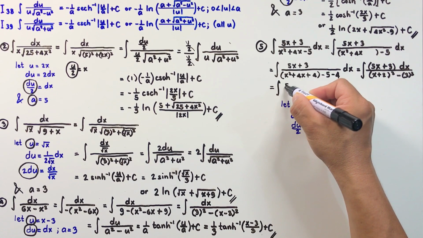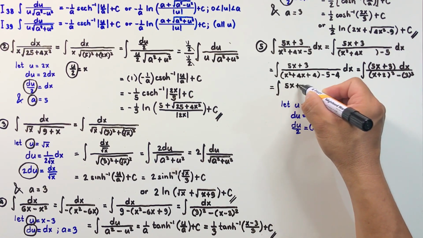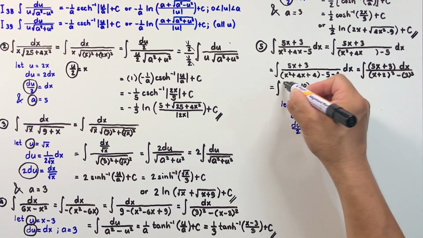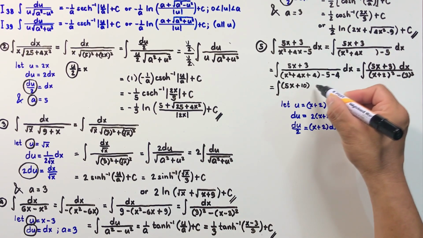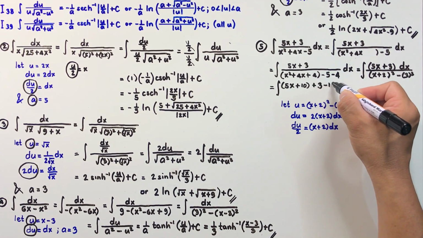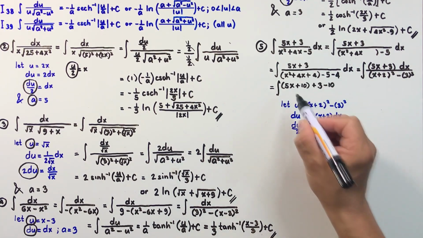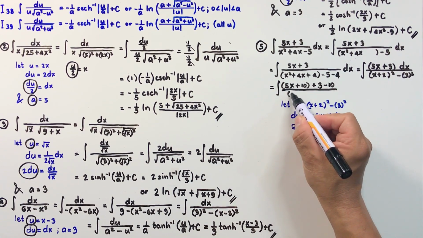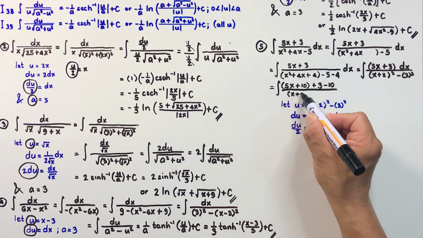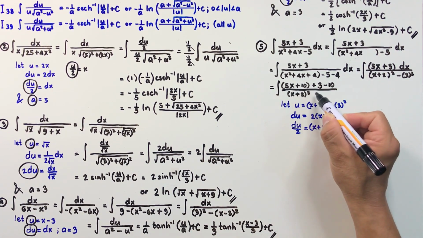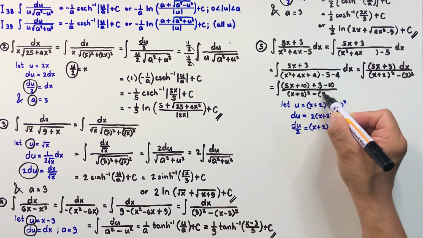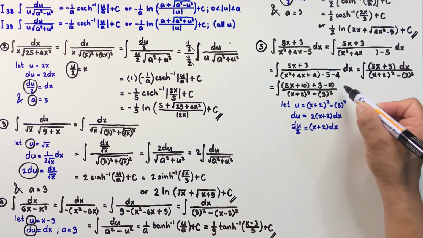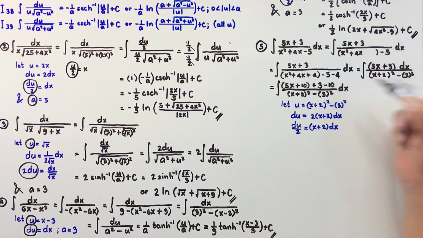So this is 5x plus 10 there. And where did I get a 10? I will also need to balance by subtracting 10. So this is divided by the denominator, the quantity x plus 2 squared minus 3 squared, dx.